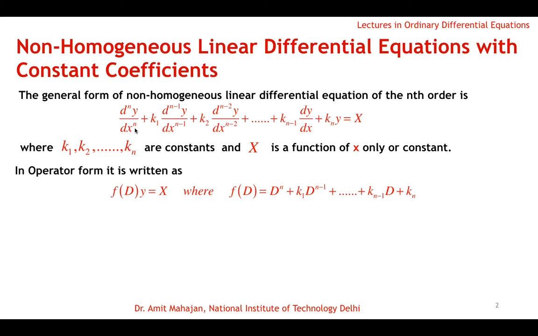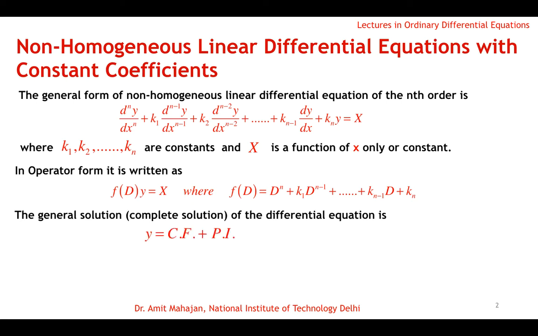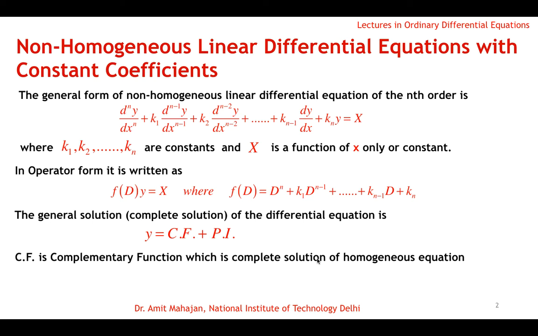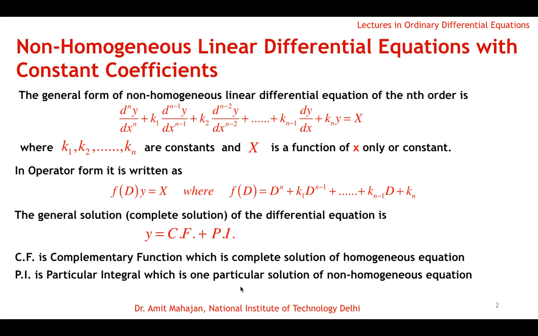We have already talked about this in the last lecture, and we already said that the complete solution of this non-homogeneous differential equation is y equals complementary function plus particular integral, where the complementary function is the solution of the homogeneous equation and the particular integral is one particular solution of the non-homogeneous equation.